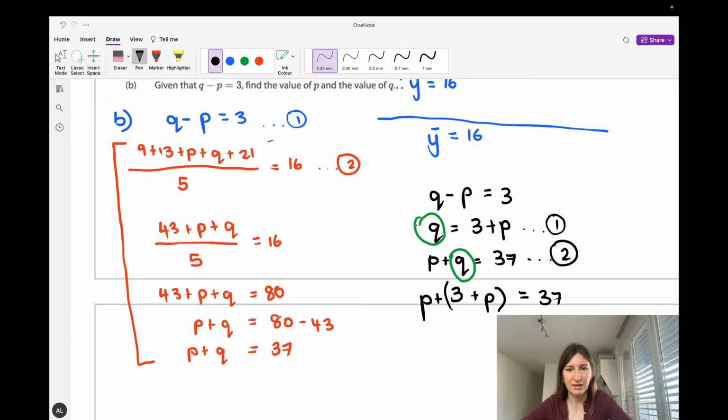So all I've done is just taken that Q, which is 3 plus P, and I've put it in over here. Simplify. P plus P is 2P. 3 plus 2P equals 37. Minus 3 from this side. So 2P is 37 minus 3, which is 34. So P equals 17. All right. Are we done yet?